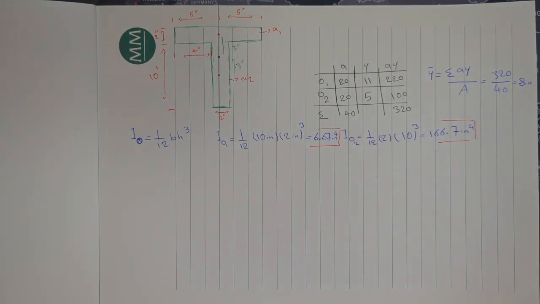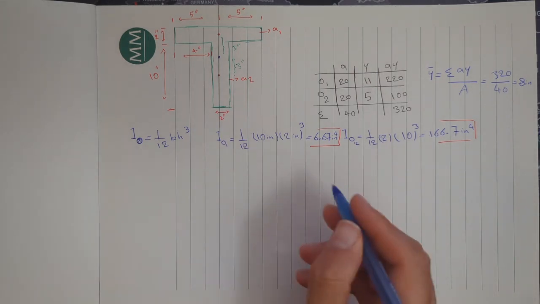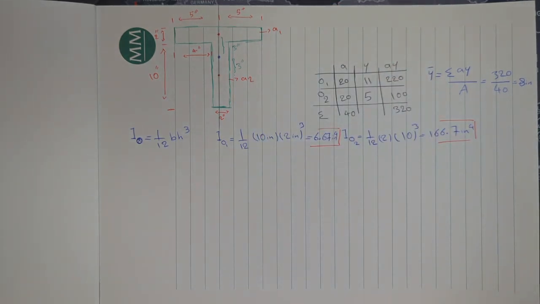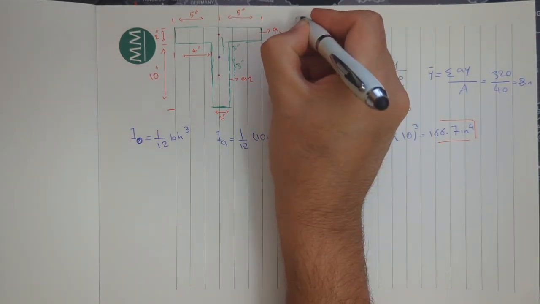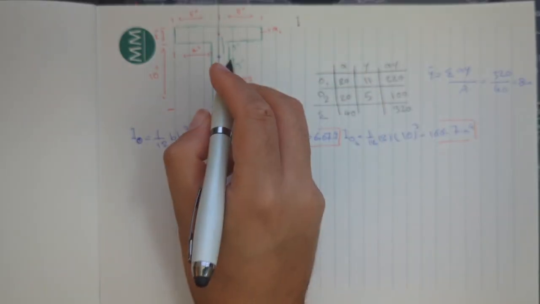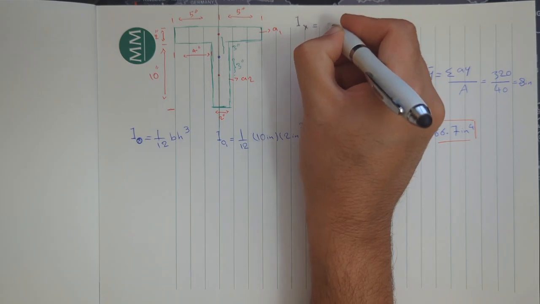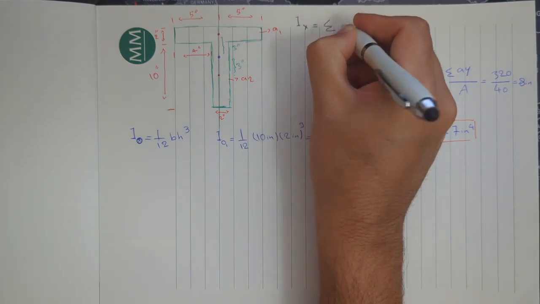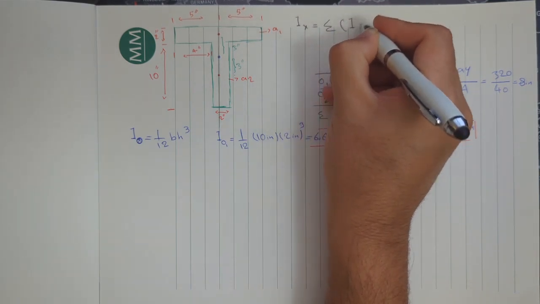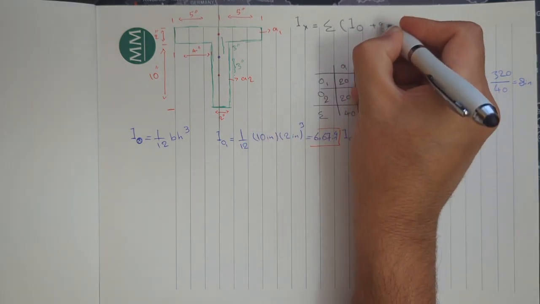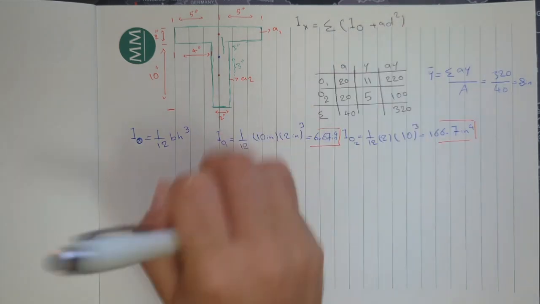Now I have both moments of inertia. Let's see what the moment of inertia is. So let me write down the main formula that we are going to use over here. As you guys remember, Ix was the sum of all the I's, we can call them all the Io's, plus AD².